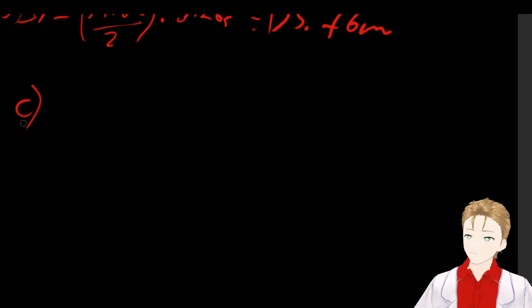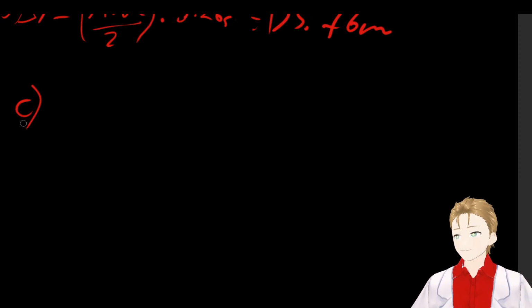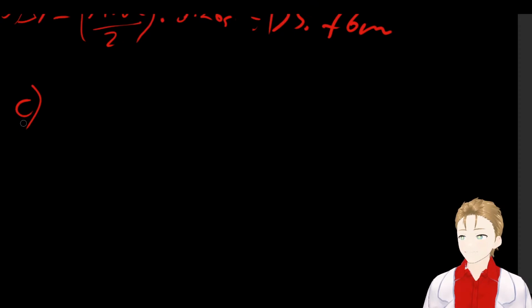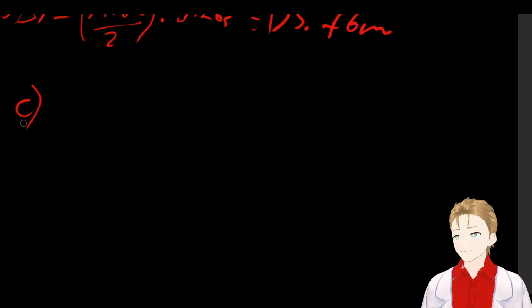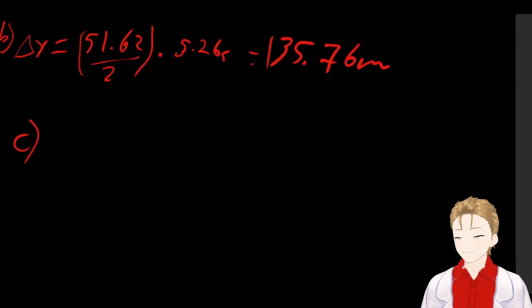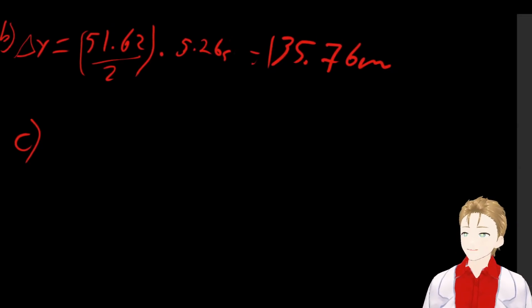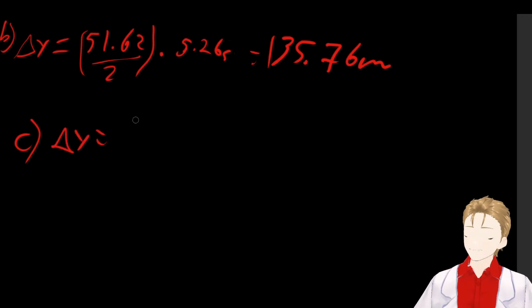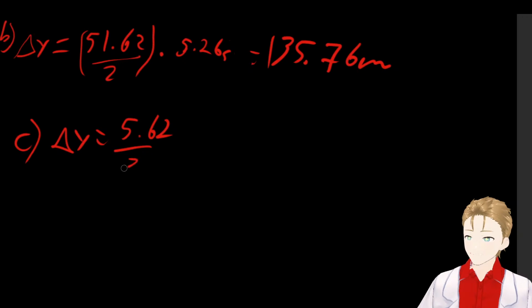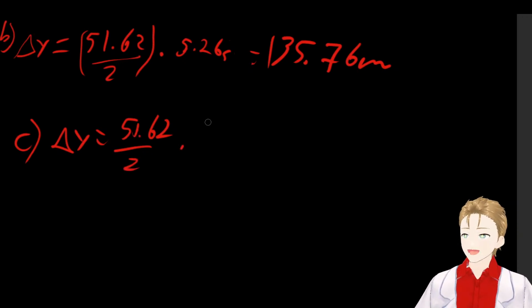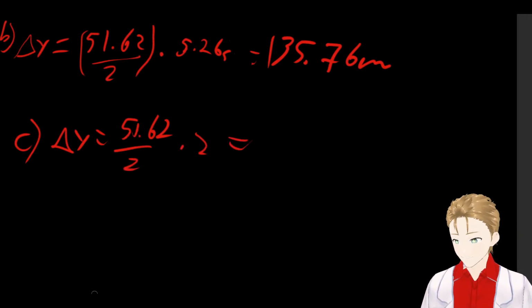First projector. Yeah, how far has it gone? Well, that's it. No, that's tall. So what's the delta y? Okay, 51.62 divided by 2, 1 times 2 is equal to something.